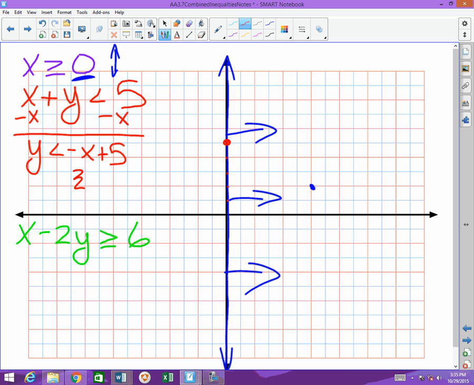The slope is a -1. And it is less than, so therefore we have to dash it.